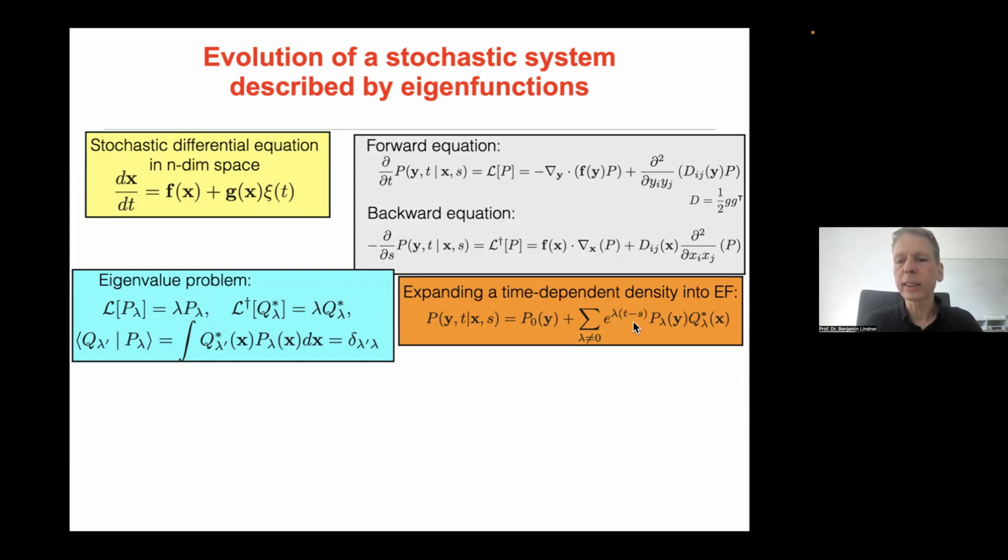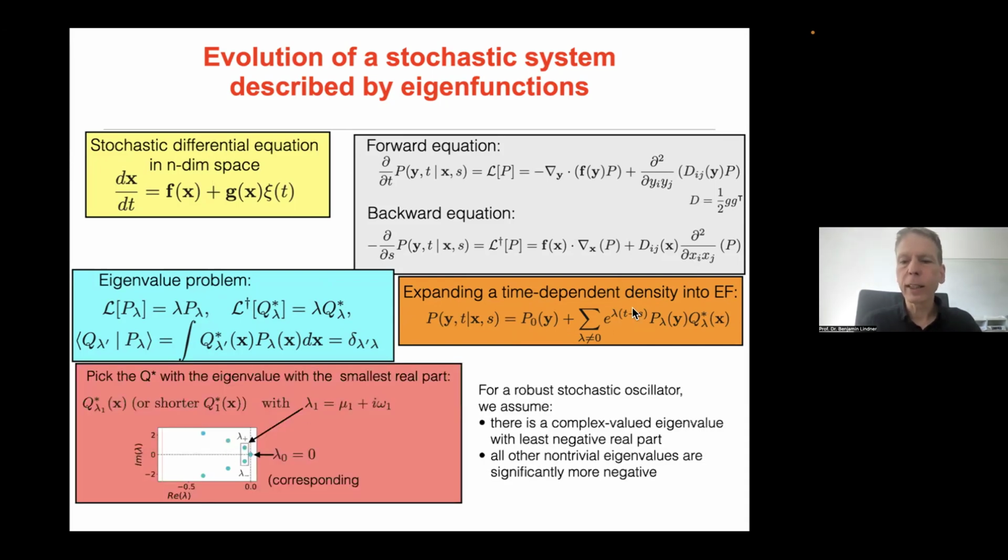And you see that the slowest mode that we will have before we reach the stationary density, that is this one here, the slowest mode will be associated with the eigenvalue that has the smallest real part, because that shows the weakest or the slowest decay in this sum.